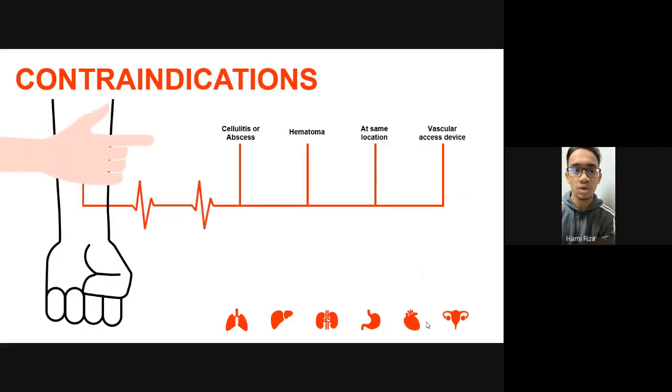Then we proceed with the contraindications in venipuncture. In what condition should venipuncture not be done at a particular site? First is in the presence of infection such as cellulitis or abscess at the particular site, or bleeding. So that site must be avoided for venipuncture.